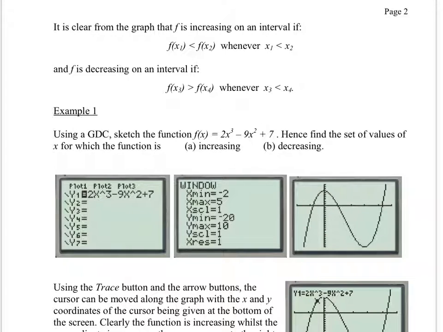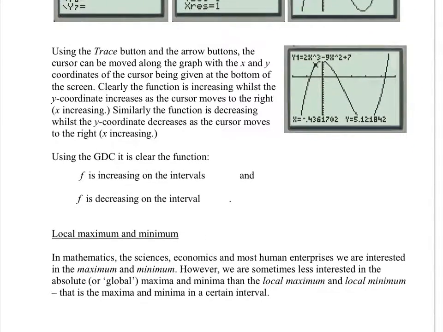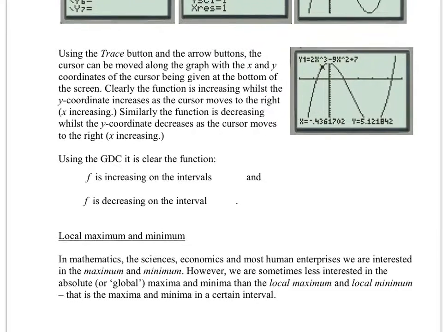It's possible to press the trace button. And I wouldn't recommend the trace button in general, but it gives you an idea in a situation like this. If you press the trace button, you can then press the right arrows or the left arrows to move the cursor around.